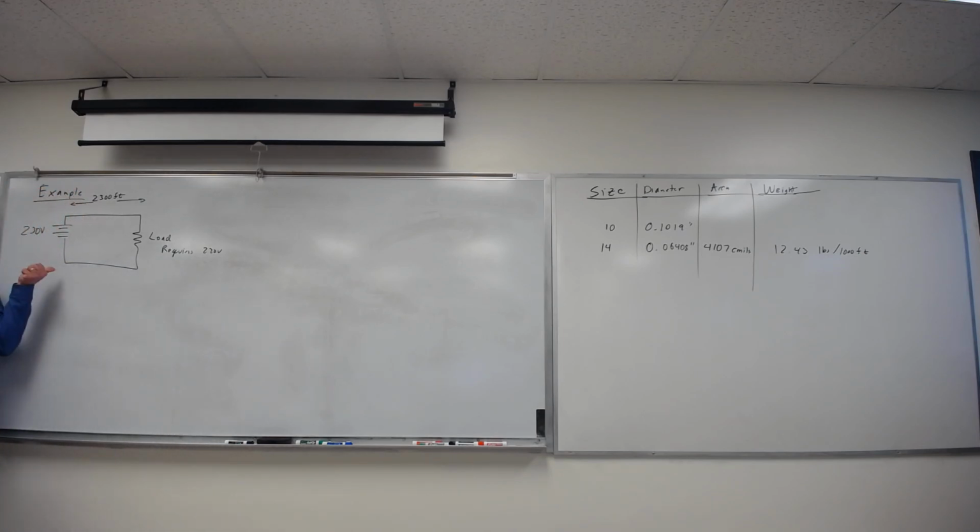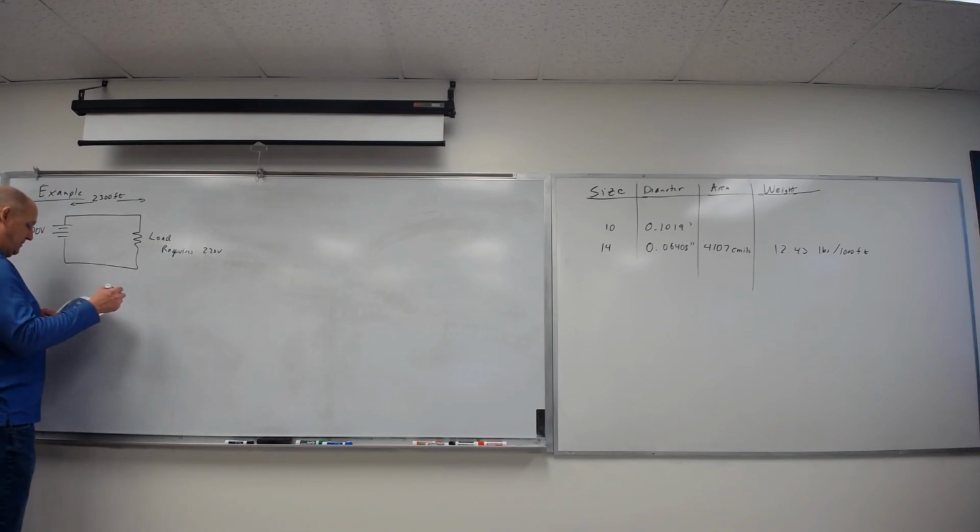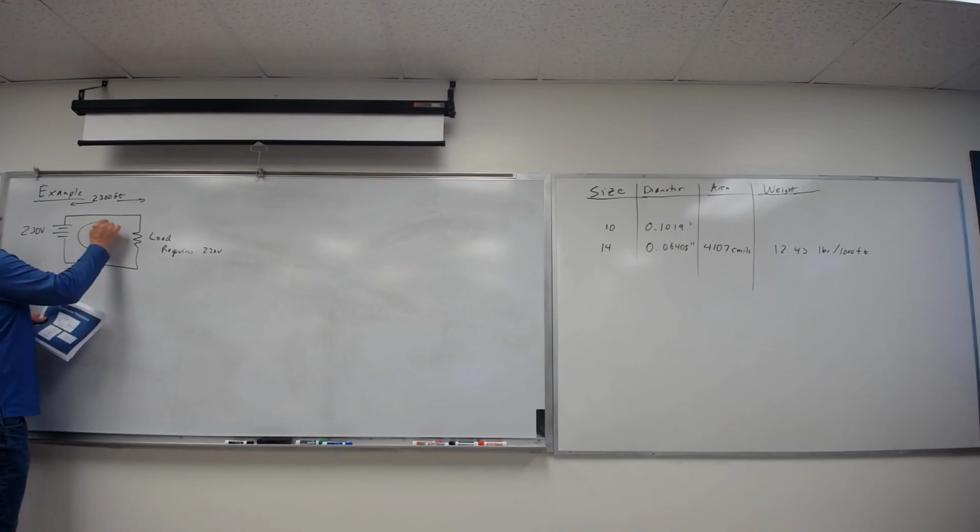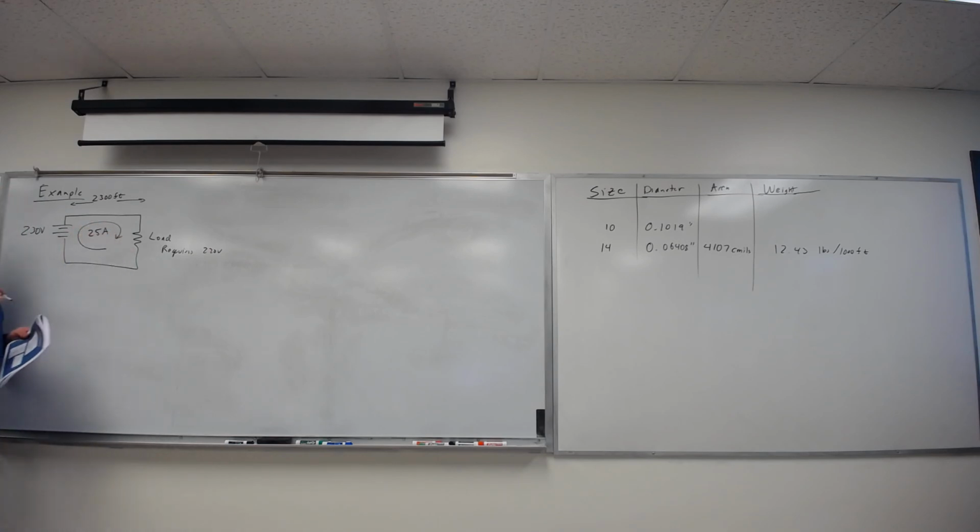Now, if I were just setting this up in an idealized situation, I'd go, no problem. I've got wire that can just carry whatever, because it's zero resistance, right? No, it's not. It's 2,300 feet long. Not only that, this thing needs to carry 25 amps.